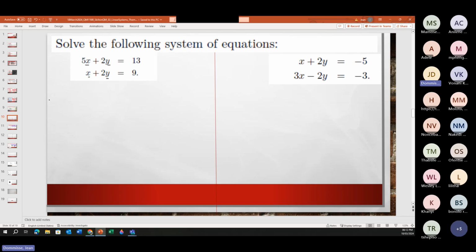So let's quickly do one, and let's call it option A. We can say that is the first formula, that is the second formula.